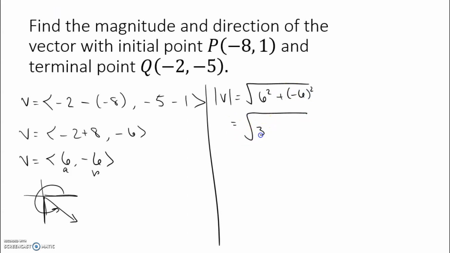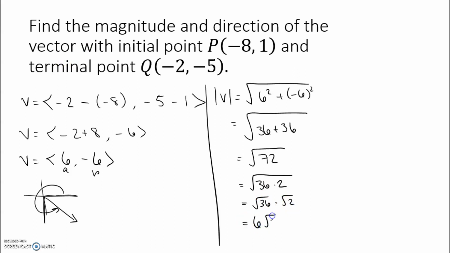That gives us 36 plus 36, which is the square root of 72. If we break this apart, it's the same thing as 36 times 2, so the square root of 36 times the square root of 2. This will give us 6 times the square root of 2. This is the magnitude of our vector.